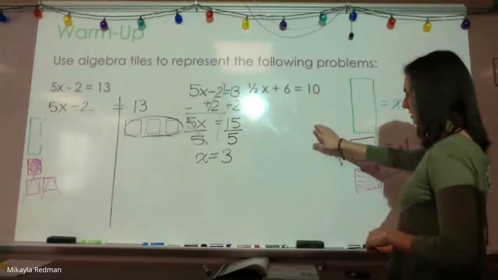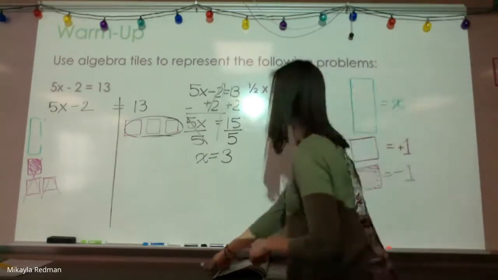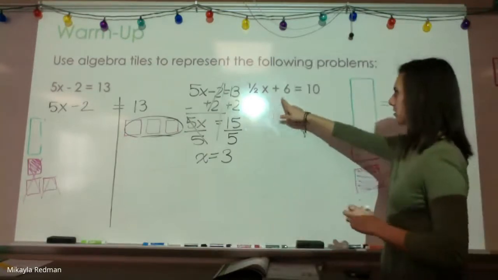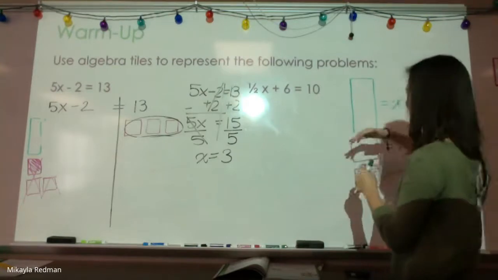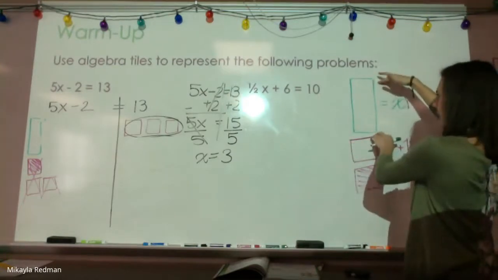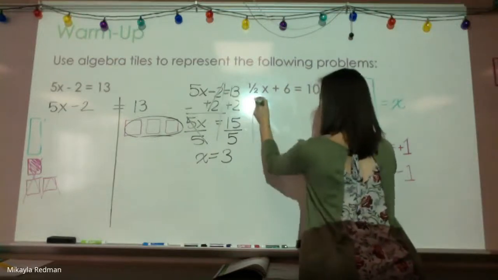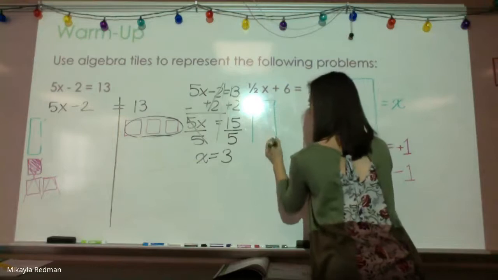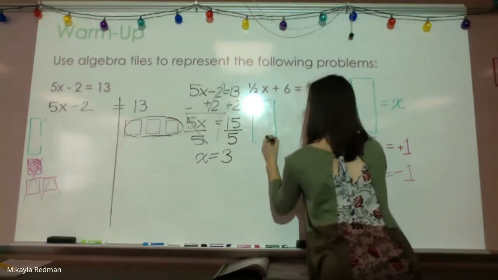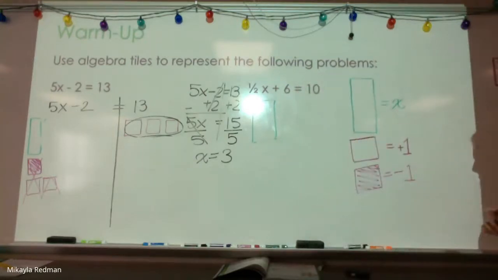Let's look at this example here. So this time they say a half x plus 6. So I'm going to imagine my x is about this size, but I'm going to draw it half that size since I have a half x. Okay, so it's going to be like that.